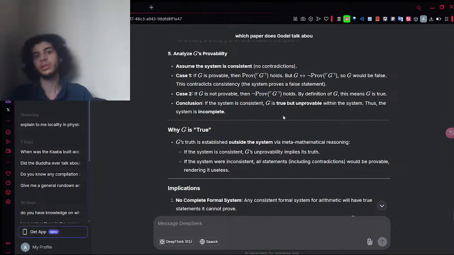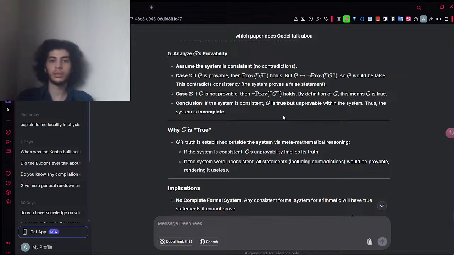Okay, so if G is not provable, then the provability predicate G is not provable, which is fine. It holds because that's how we define G, by definition of G. This means G is true.